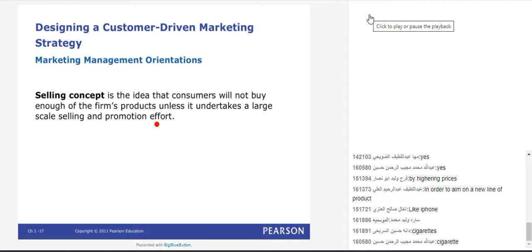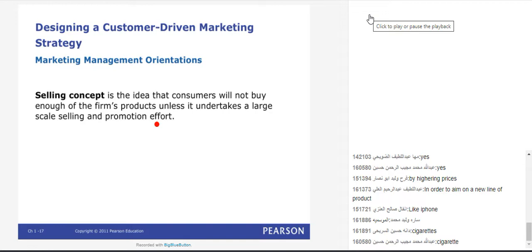Not only the quality, not only the performance, but also the promotion. They began to give discounts. They began to say, okay, buy one and I will get you one free. So they started to focus on selling techniques. That's why this orientation is called the selling concept, because organizations began to use selling techniques in order to make people buy more.